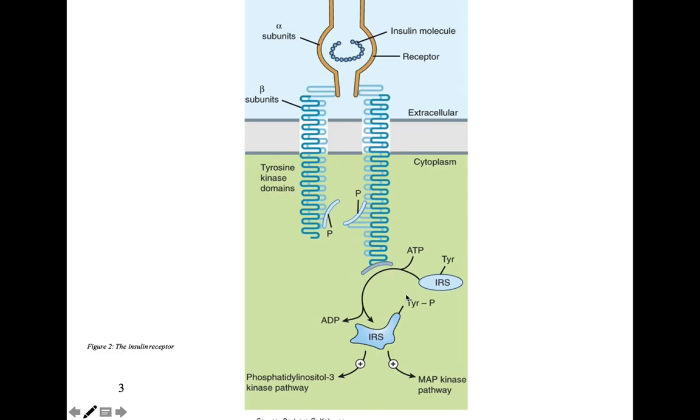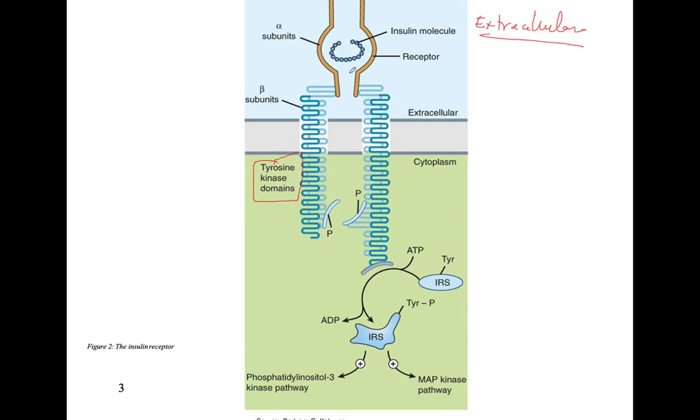All right, taking another look at the insulin receptor. The insulin receptor is made up of alpha subunits and beta subunits. The alpha subunit is extracellular and is responsible for the binding. This is where the binding takes place. The beta subunit is made up of a tyrosine kinase domain.